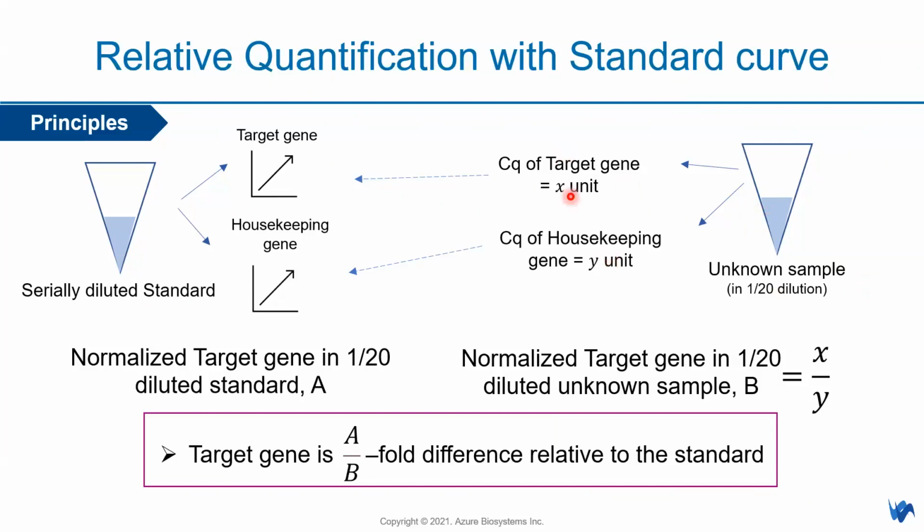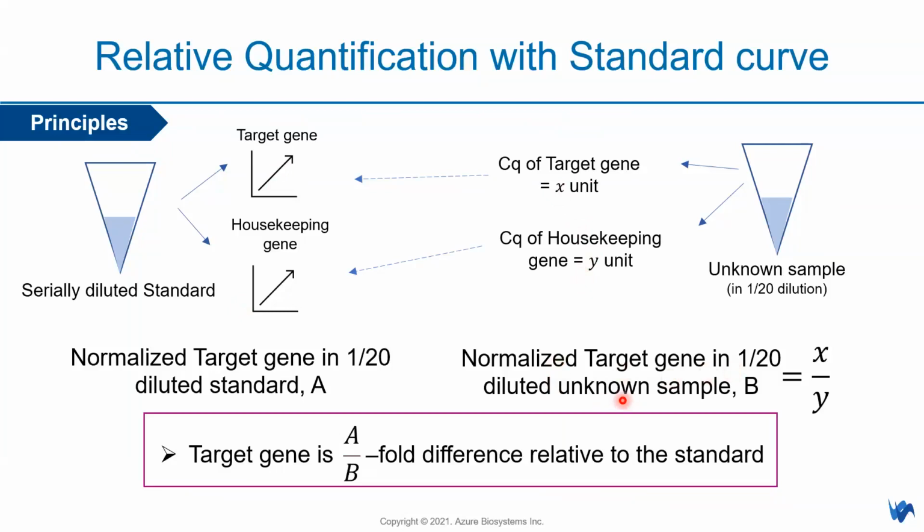From this, you plot and get the X unit from the standard curve generated from the standard. Same thing goes for the housekeeping gene. Once you get the units, you normalize: divide the X by the Y, and you get the normalized target gene in the 1 in 20 diluted unknown sample.